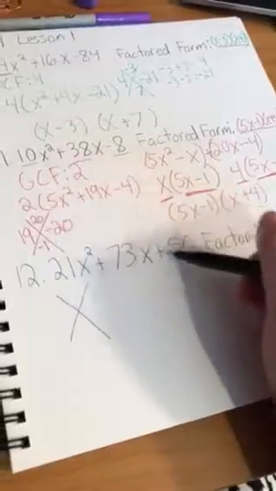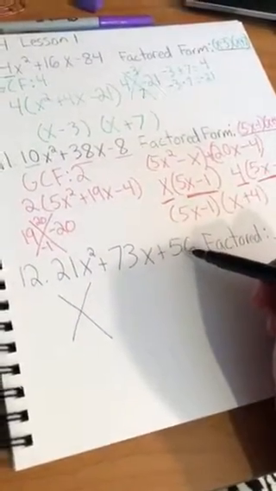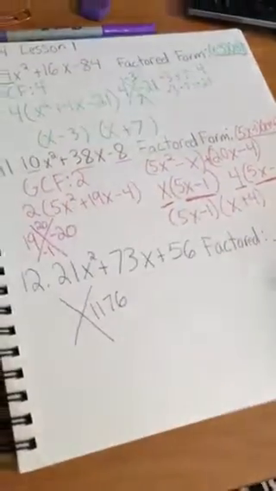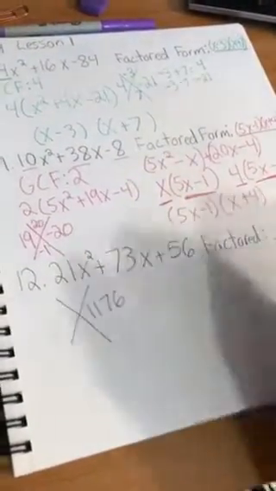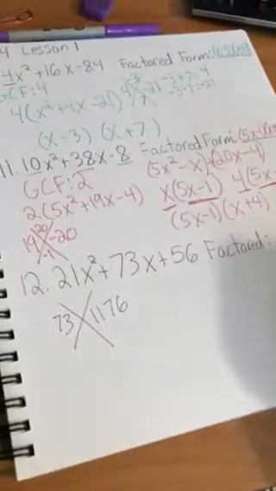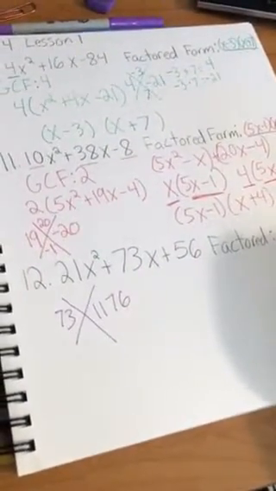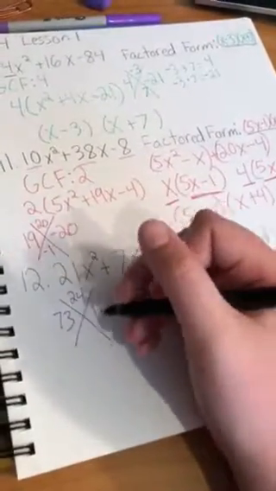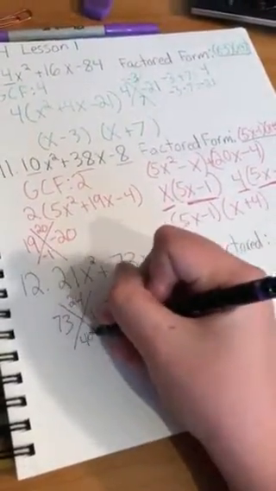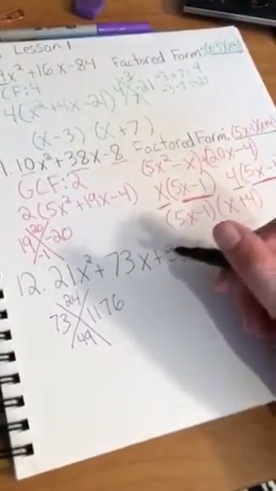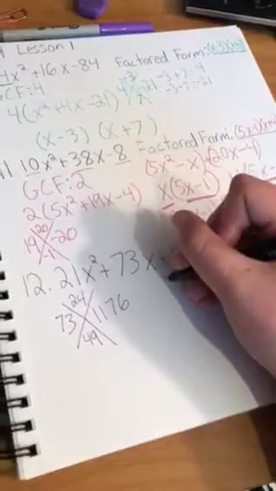So we have our a times our c to get our product, which is 1,176. And our sum, or our b, is 73. So our 2 magic numbers have to be 24 and 49. So to expand our original trinomial, we want to make it 4 terms.